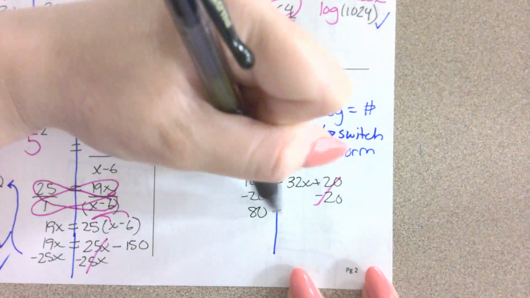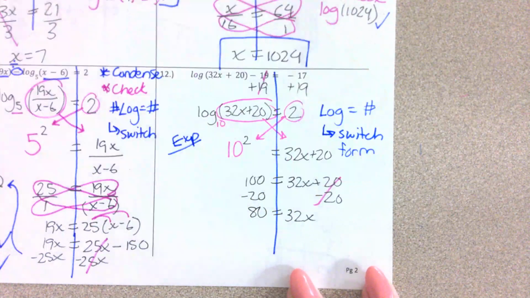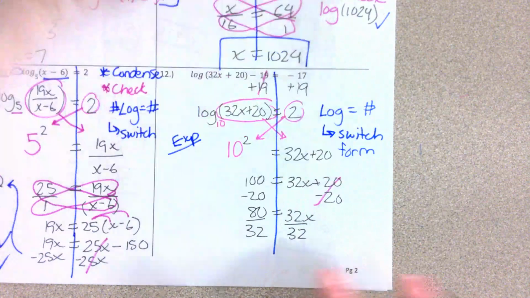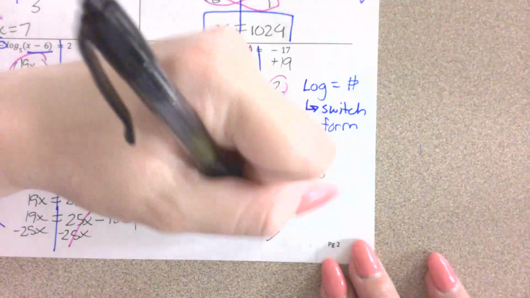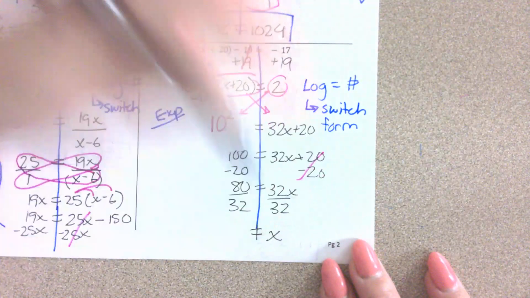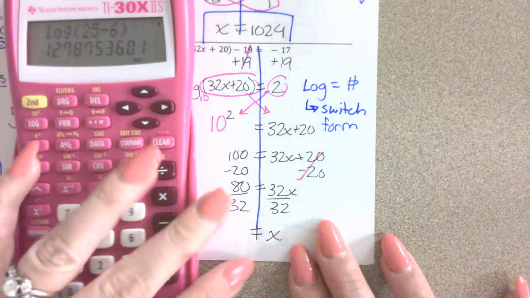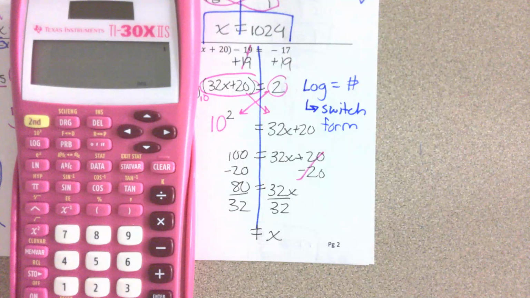80 equals 32x. Divide by 32. x equals, we can write this as a decimal or a fraction. If you want to reduce the fraction, remember that handy ABC button can reduce for you.